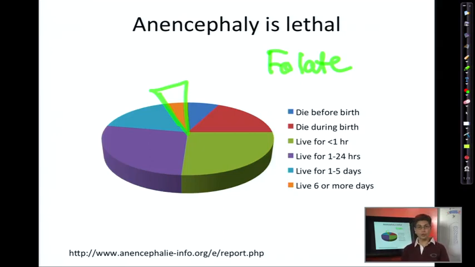There are two cautionary notes. One is that gluten-free products are not supplemented with folate, so that's something for people that are eating a gluten-free diet to keep in mind. And the second is that it depends on a diet that actually has grains in it.